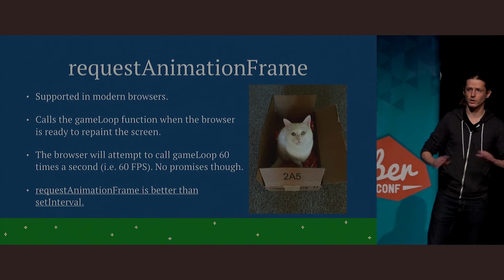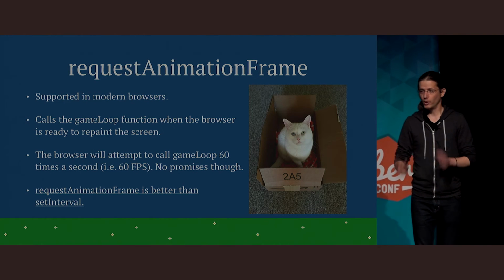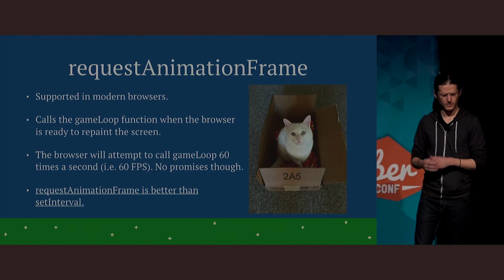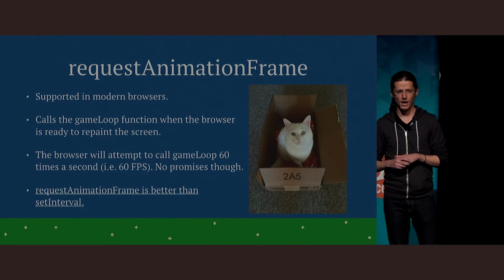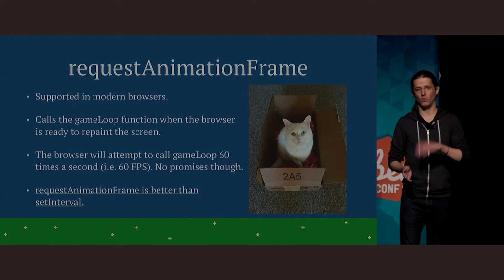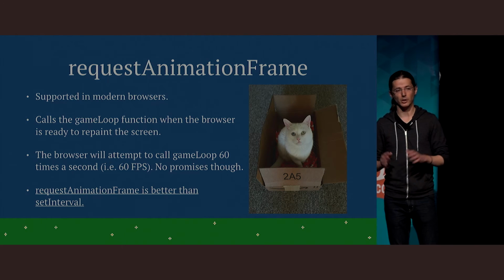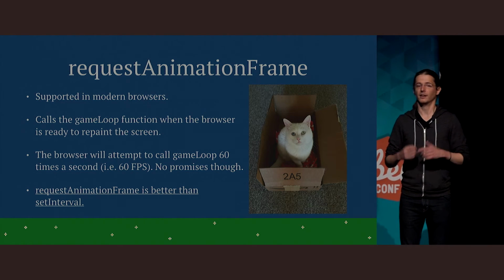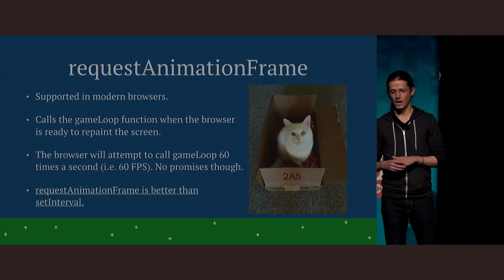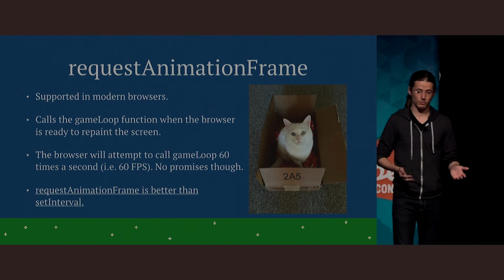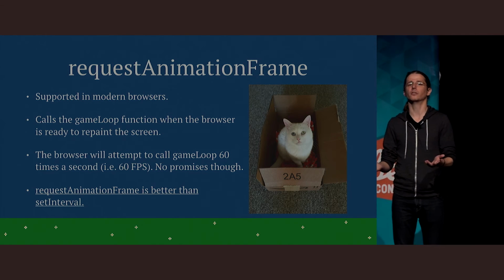So let's talk a little bit about requestAnimationFrame, which is the second of the two digressions. requestAnimationFrame is a web API, supported in most modern browsers now, so you don't have to worry about compatibility. Its main job is to call the callback function, in our case the game loop, whenever the browser is ready to repaint. The browser is going to try to repaint 60 times a second. If things get slow, it might not be able to do 60 times a second, but it's going to try. You may be thinking, if you haven't seen requestAnimationFrame before but you've used some JavaScript, you could already do this with setInterval.